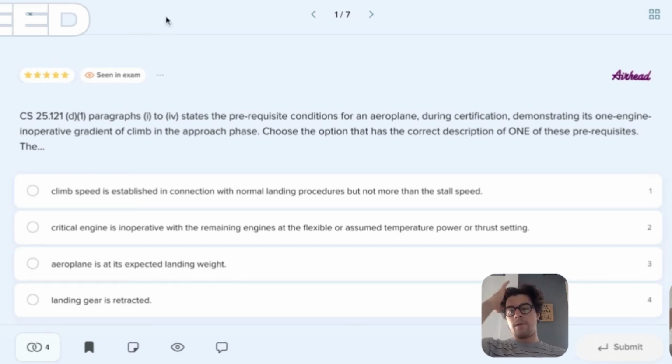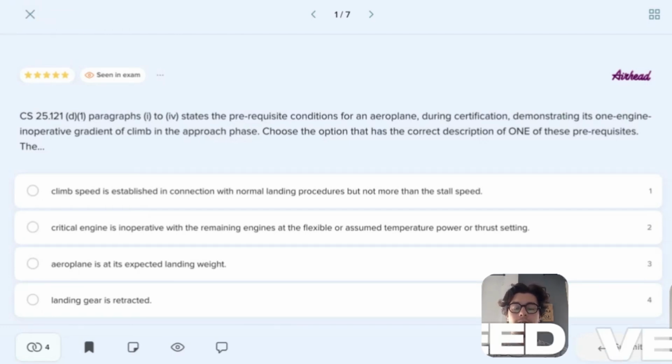So question number one asks us about, during certification, demonstrating its one-engine inoperative gradient of climb in the approach phase. Choose the option that has the correct description of one of these prerequisites.